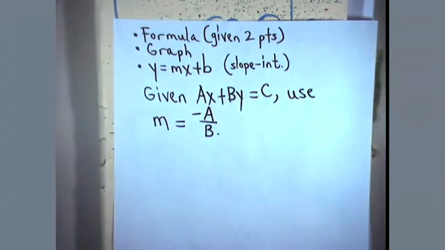You can use this formula, negative a over b, to find the slope of a line that's in standard form. Where a is the number in front of your x, and b is the number in front of your y.